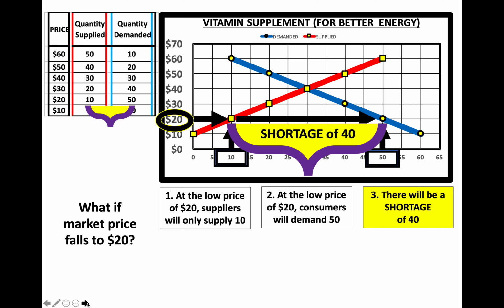We saw that in the case where the market price is below equilibrium, there's going to be a shortage. Why? Because at this lower price, consumers are going to demand a lot more, in this case 50 units. But at this much lower price, the suppliers only want to supply 10. So we have a shortage.